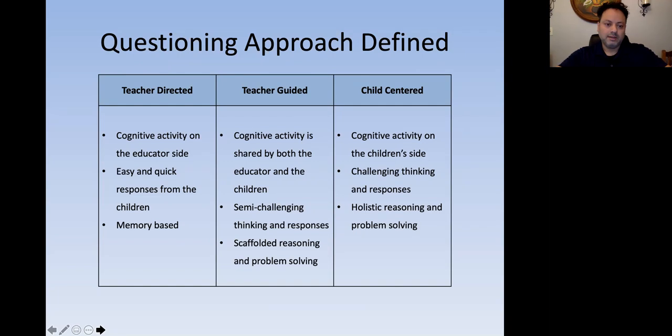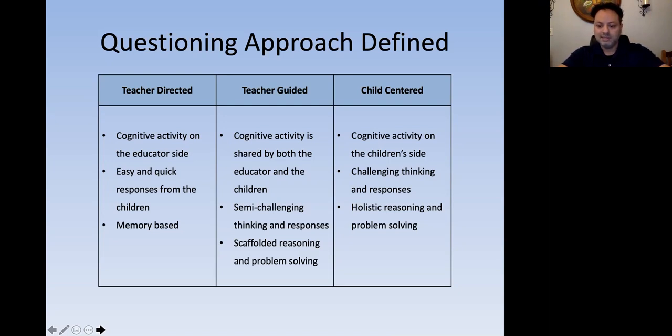When it's teacher-directed, the cognitive activity, all those neurons shooting in the brain, is mainly on the teacher side. Sometimes that's okay, that's important, that's a starting point. Most of these questions are easy for children to answer. They're mostly closed-ended questions. If it's a closed-ended question, it's either a 1 or 2 word response, or it's something the child already knows.